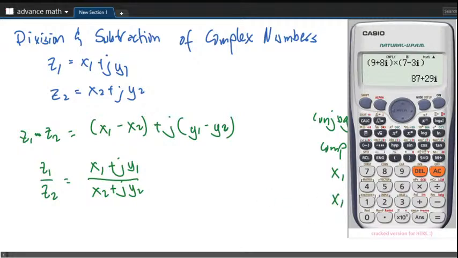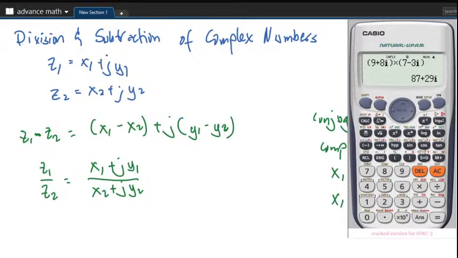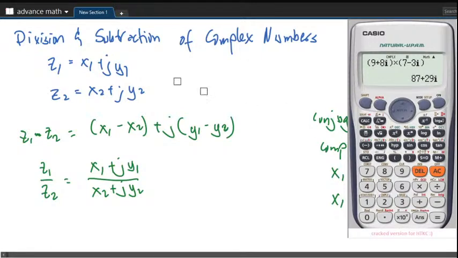Consequently, the conjugate of x sub 1 minus j y sub 1 is x sub 1 plus j y sub 1.